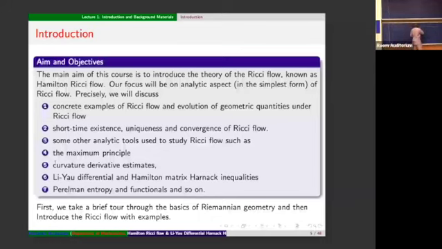Now, meanwhile, before we start the proper introduction of Ricci flow, as I said, we need some background from Riemannian geometry. So we are going to start with that, and we will mention virtually everything that we need in the study of Ricci flow. Though we may not go into detail, we will just try to go around them and mention them.